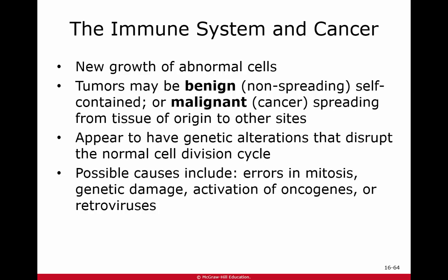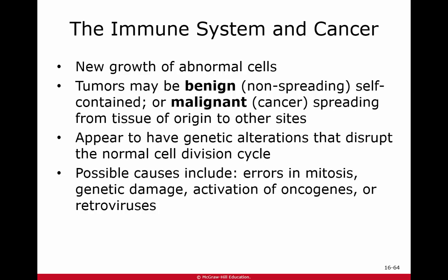And with cancer, the abnormal cells are going to continue to grow. If it's a tumor that's benign, it's not going to have the cancer cells. It's self-contained. It's not going to spread. But if it's malignant, we call it cancer, and it can spread.